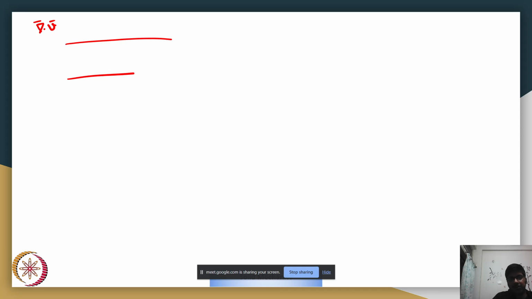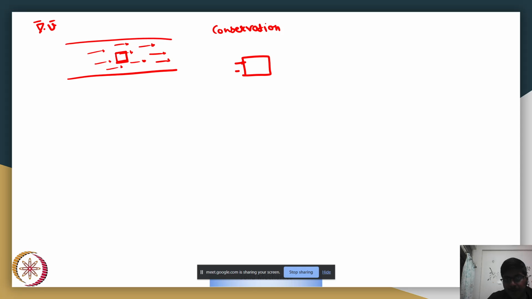Suppose you have a fluid, say water flowing through a pipe. One way to apply conservation of mass is to say that mass essentially cannot be created or destroyed. So we take a small box element in the fluid, and we have some velocity field, some vector field v of xyz, which denotes the velocity of this fluid.